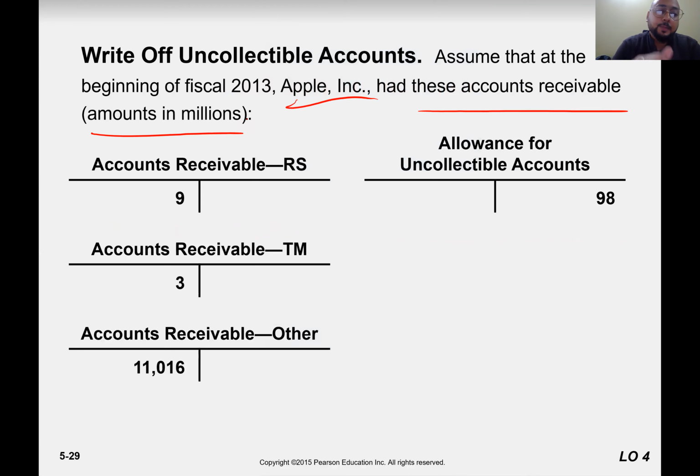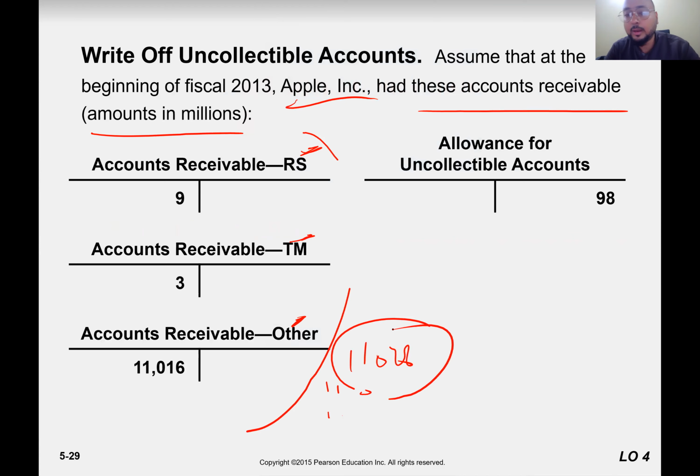These are all the subsidiary accounts, so the total will be 11,028. The total accounts receivable are 11,028. And now we have allowance for uncollectible 98.